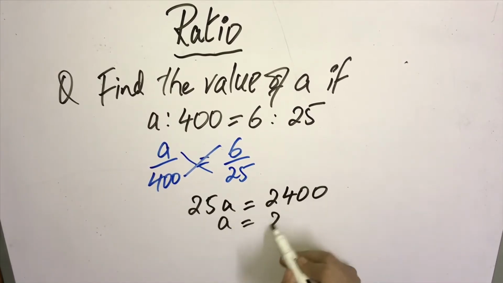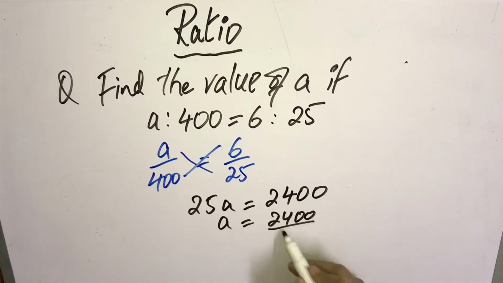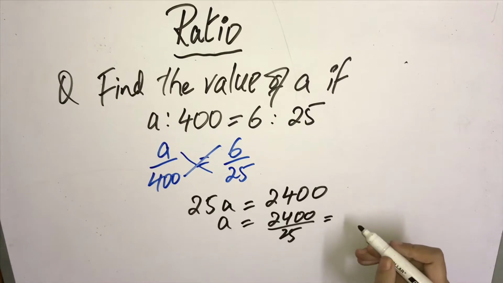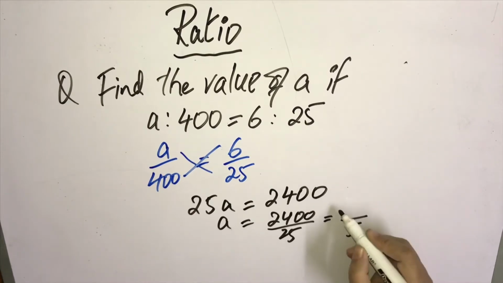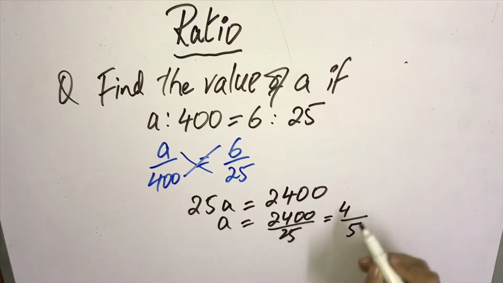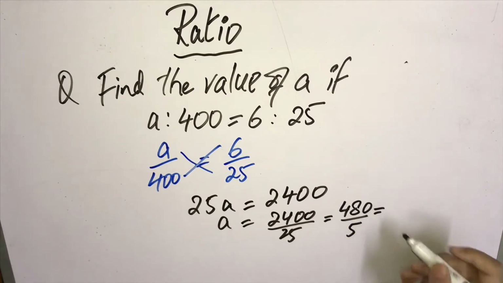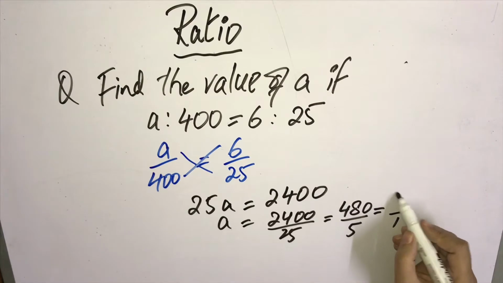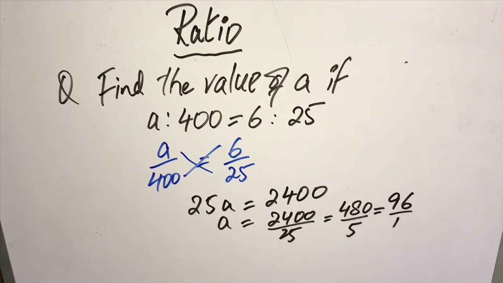I shall take this 25 to the other side and divide with this. The maximum common divisor is, I think, 5. No, the maximum common divisor is 25. And my answer is 96 over 1, or the value of a is 96.